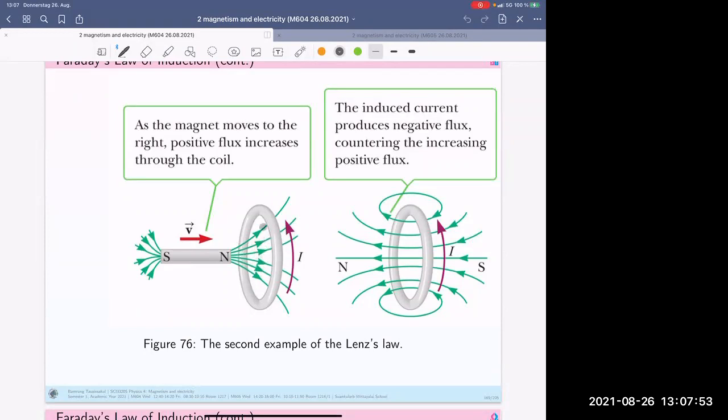And of course, this conductor is like that moment when someone tries to disturb him. He tries to act against this increased amount of magnetic field.